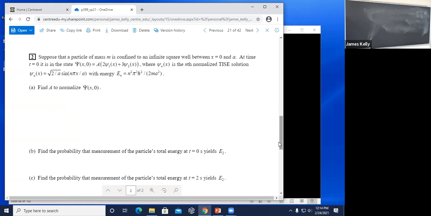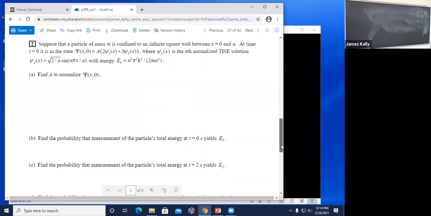So here's parts A through C, at least on the screen. Anybody having trouble getting started on A?